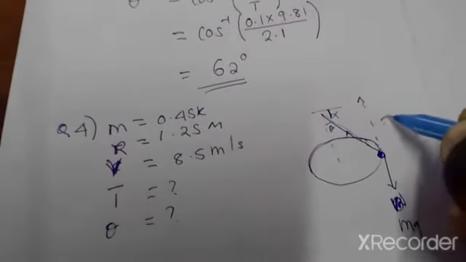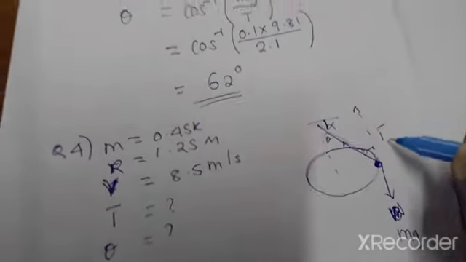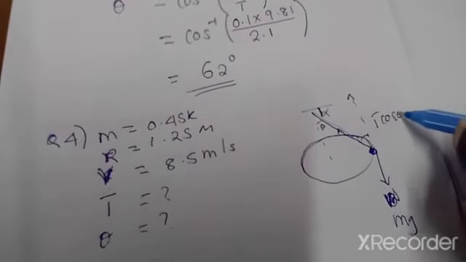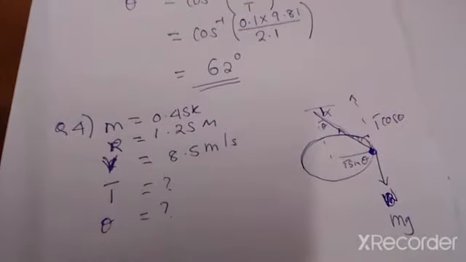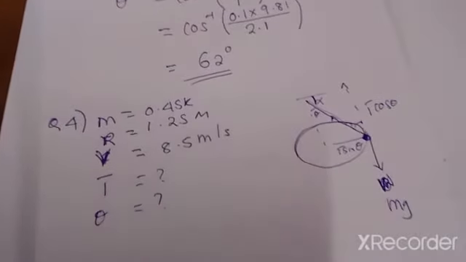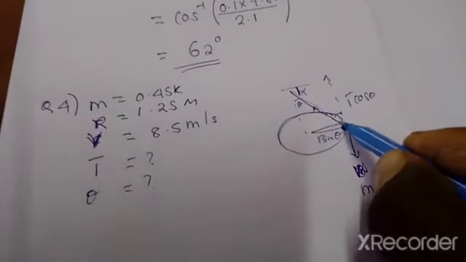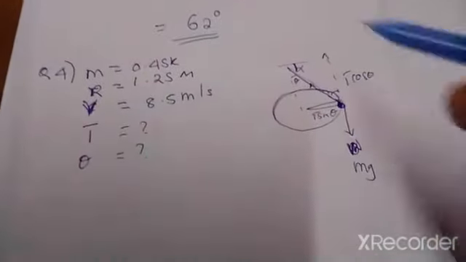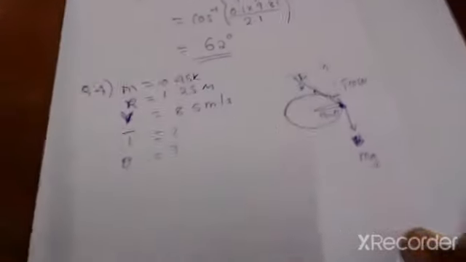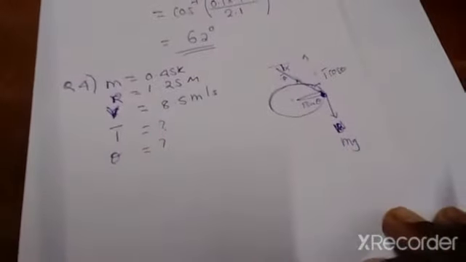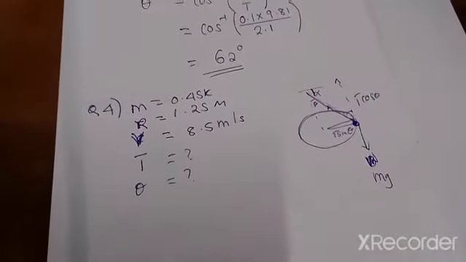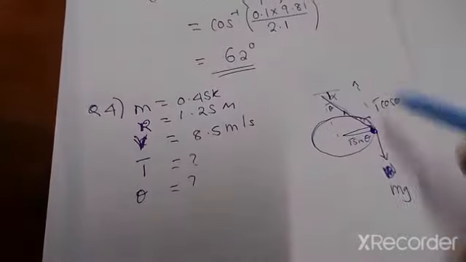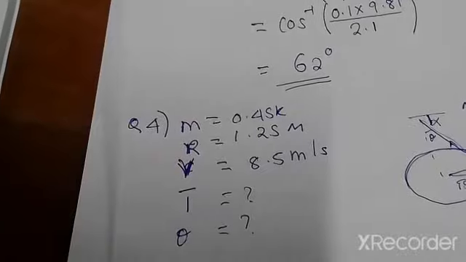We've got T cos theta, we've got T sin theta, and we have the centripetal force as well acting there. So we have the same setup as we had in the previous question. So now, how do we go about this? We are going to use similar ways of solving this question now. We have the forces in the x-axis summing up to 0.